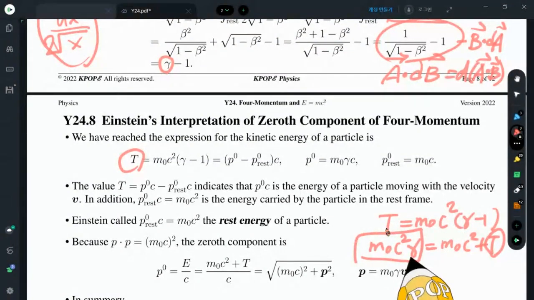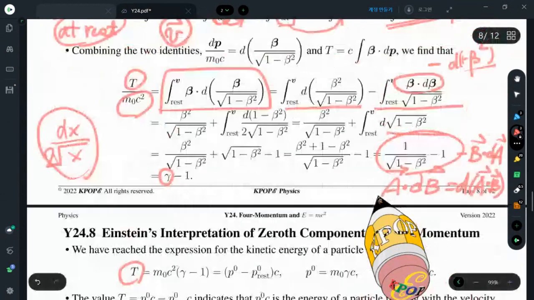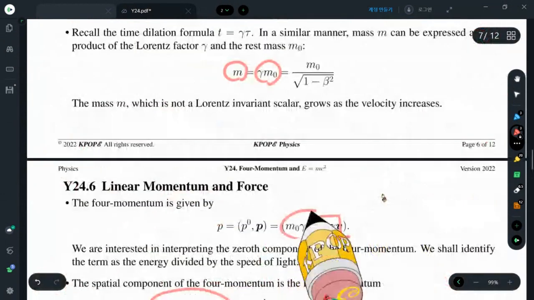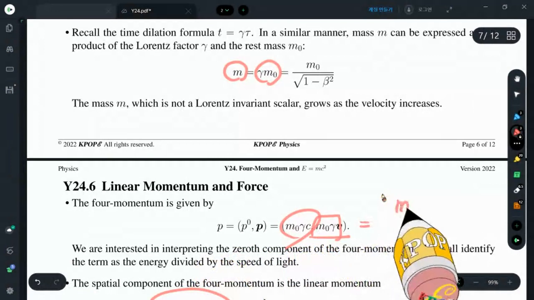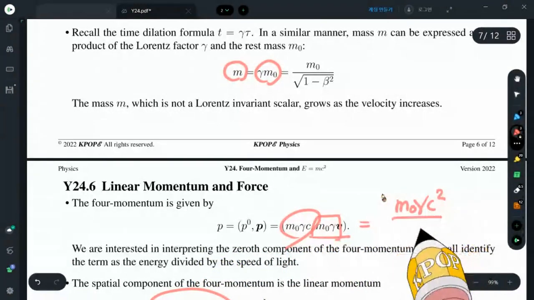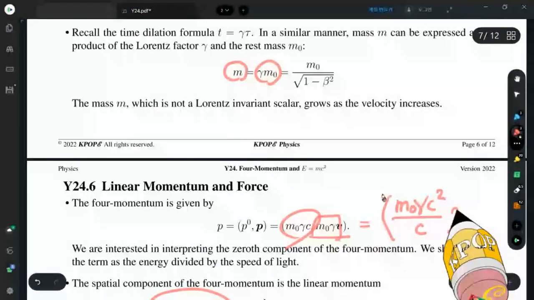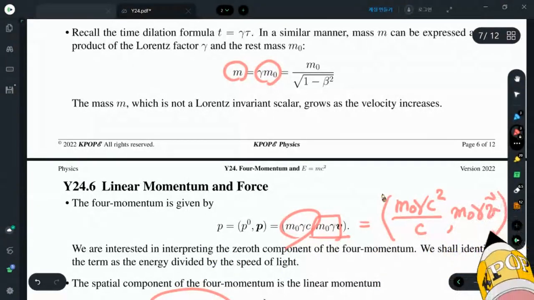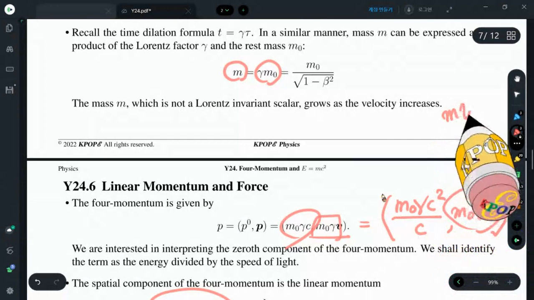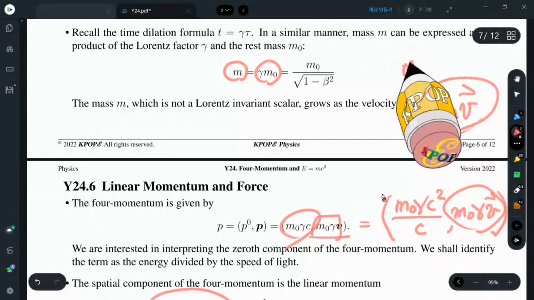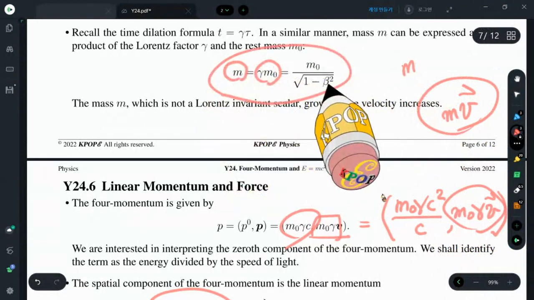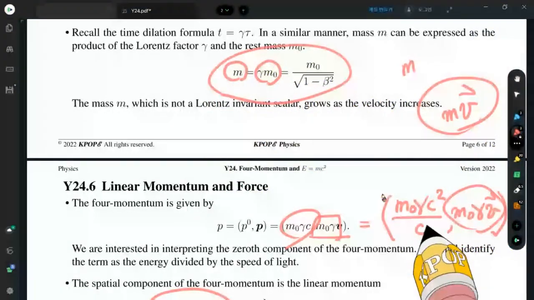We identify this value, m0 gamma c squared, that appears here. The zeroth component of the four-momentum is actually m0 gamma c squared divided by the speed of light. And we remember this is mv, that is the momentum, while m has the velocity-dependent factor.